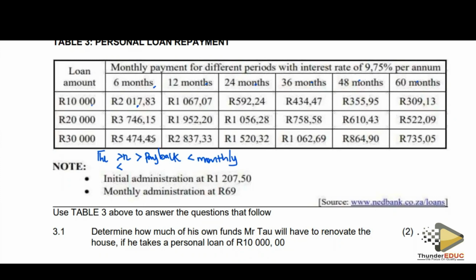Whereas the smaller the period, the smaller the payback, but your monthly repayment will be big. That's what I want you to know here. That's why you see, for 10,000 over 6 months, it's short, but the monthly repayment is big compared to the other ones. But indeed, the person who pays back the 10,000 in 6 months will pay less compared to someone who pays over a full year.